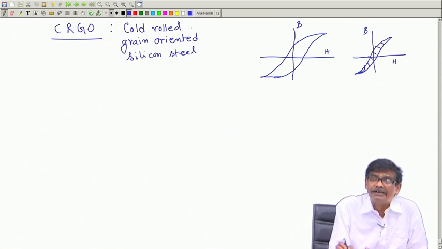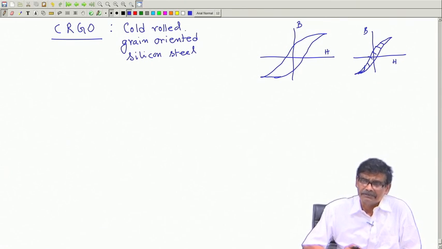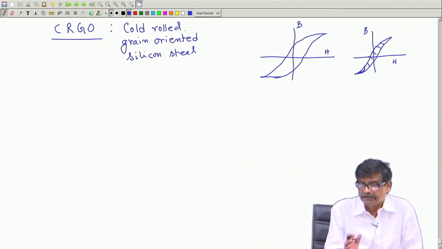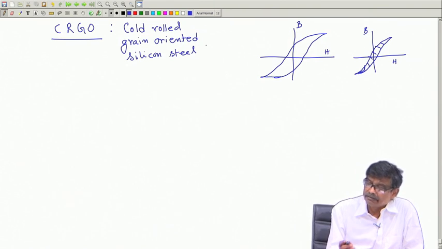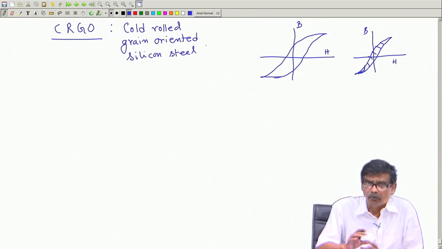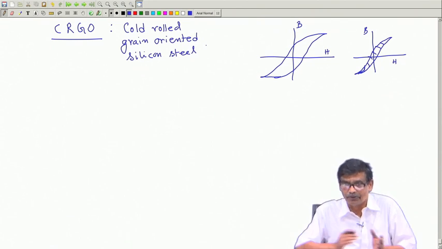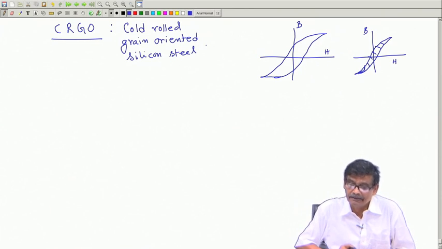This is some metallurgical process, that is, you treat the iron laminations in a particular fashion, so that the grain oriented means the tiny magnets are locally in some groups, they are oriented already by that process when you roll this material.